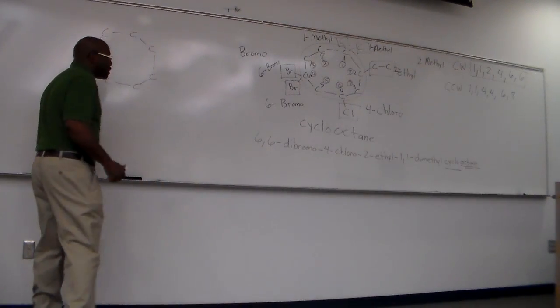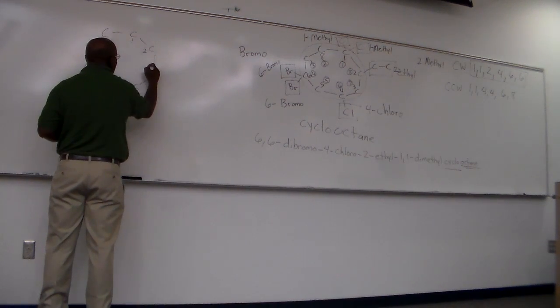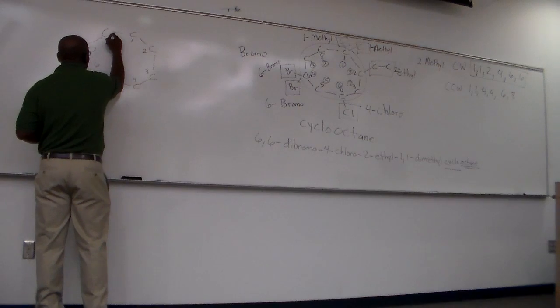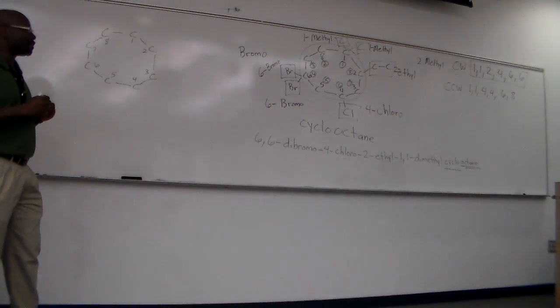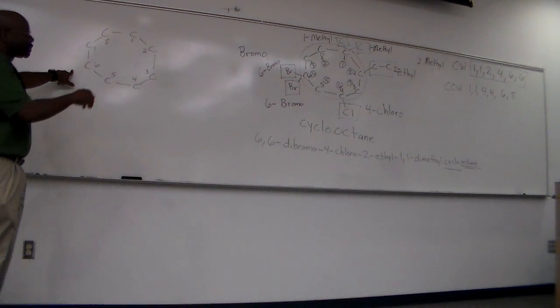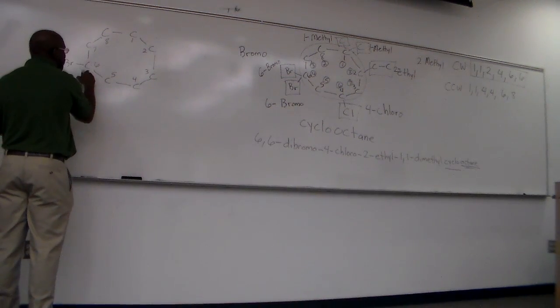So in this case, I'll do my numbers. Let's call this carbon number 1, 2, 3, 4, 5, 6, 7, 8. I don't have to do it directly in number order. On carbon number 6, I have a bromine.